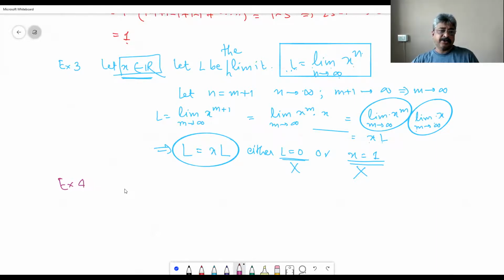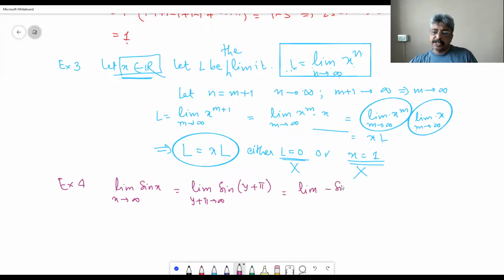Limit sin x as x tends to infinity, which is equal to limit sin y plus pi as y plus pi tends to infinity, limit minus sin y tends to infinity is equal to minus limit sin y tends to infinity.